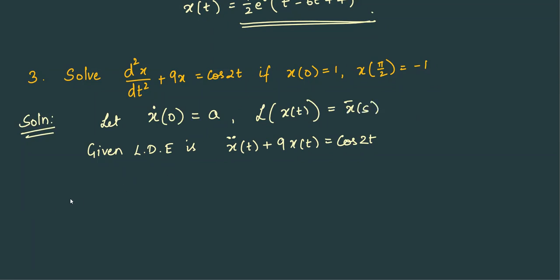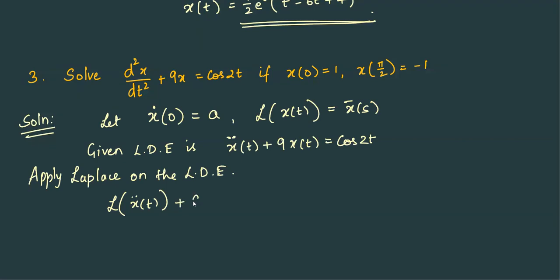This we should write always. So now applying Laplace to the linear differential equation, you get Laplace of x double dot t plus 9 Laplace of x of t equals Laplace of cos 2t.